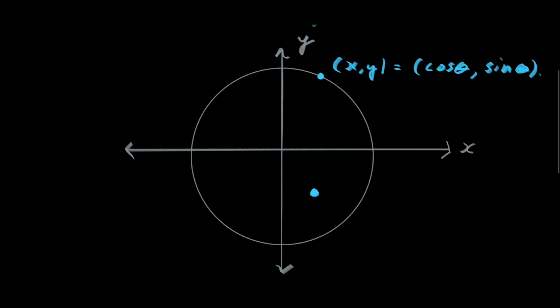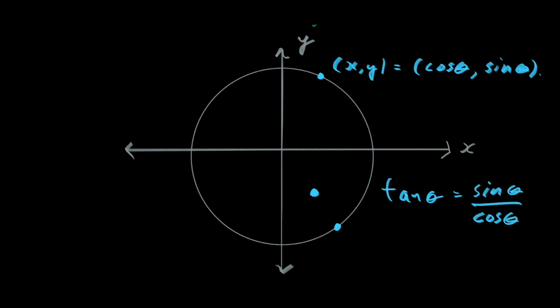If we took a point on the unit circle that has coordinates cosine of theta and sine of theta, its x component, which is just cos, is going to be positive, and its y component, which is just sine, is going to be negative. Now, tan of theta is just sine over cos, which will give us something negative over something positive. So tan of theta is equal to sine theta over cosine of theta.